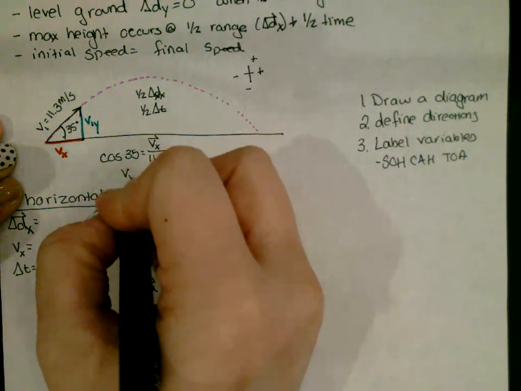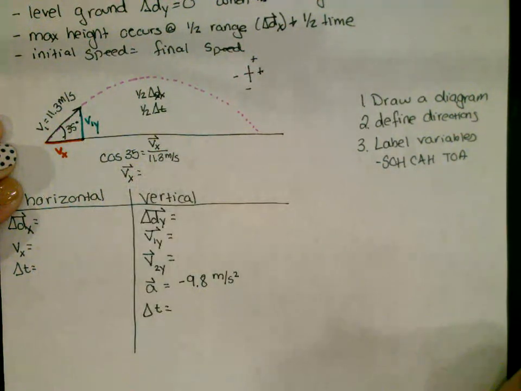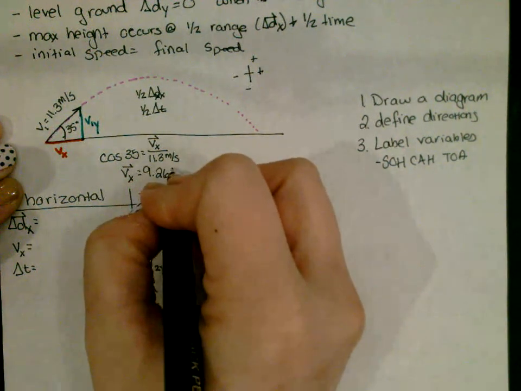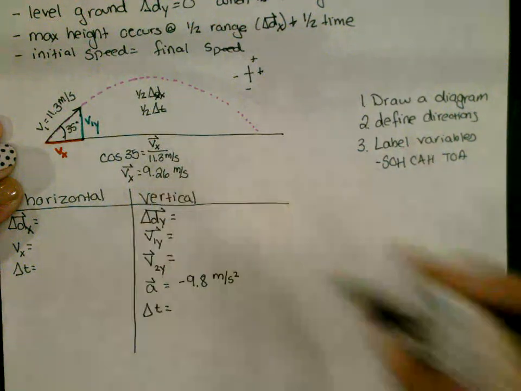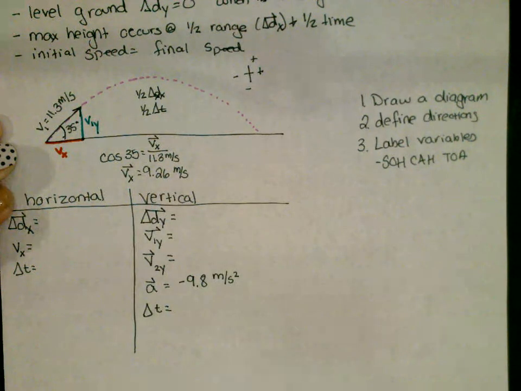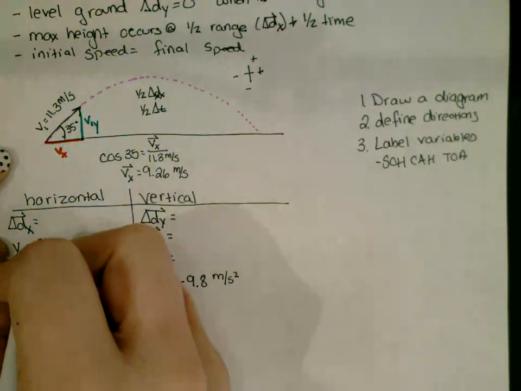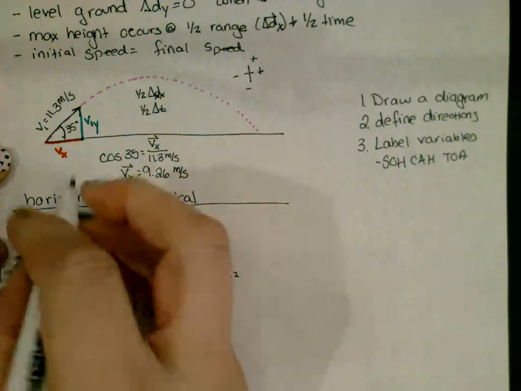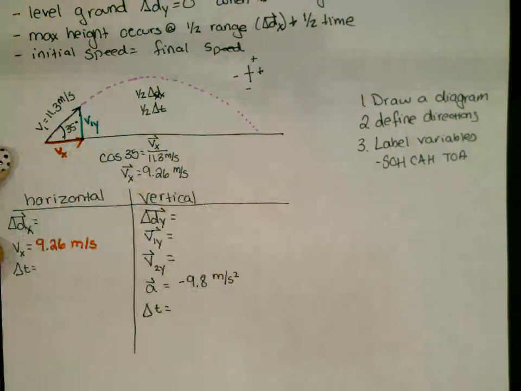When I solve this, my horizontal velocity is going to be 9.26 meters per second. So I can plug that in right here. That's what that horizontal velocity is.